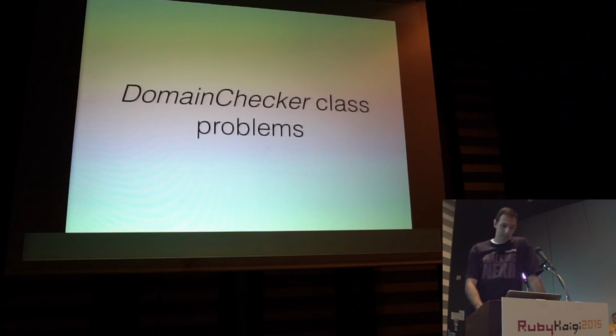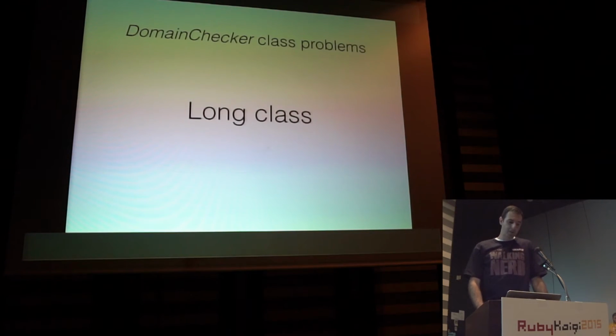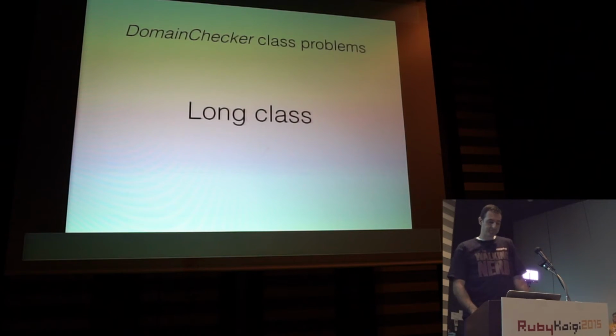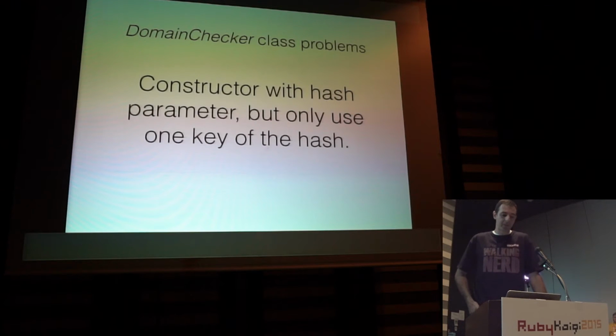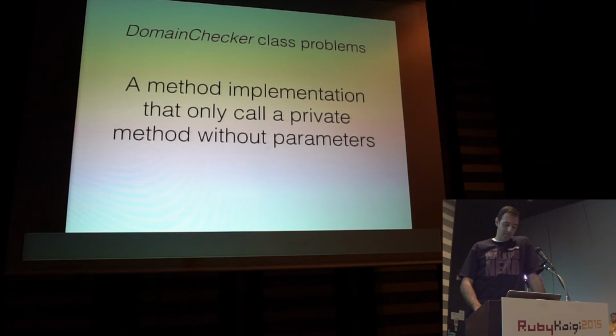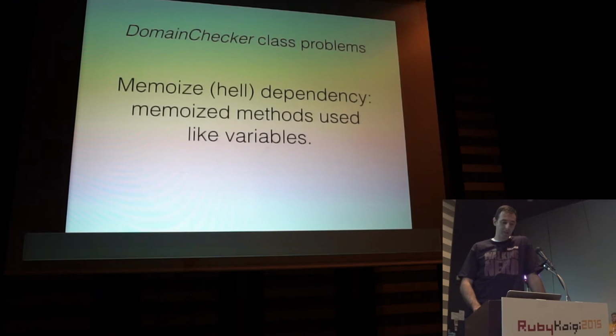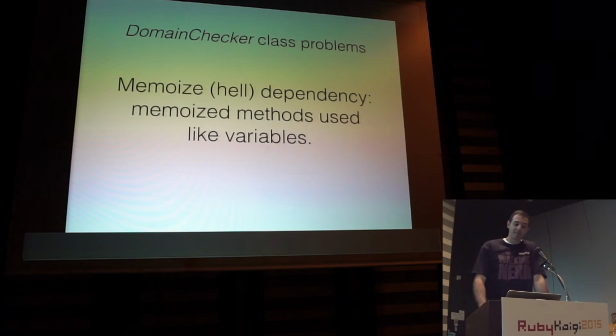So, to sum up the problems of this class, the domain checker class. Long class, constructor with hash parameter, but only using one key of the hash. Method implementation that only calls a private method without parameters. Memorize dependence.